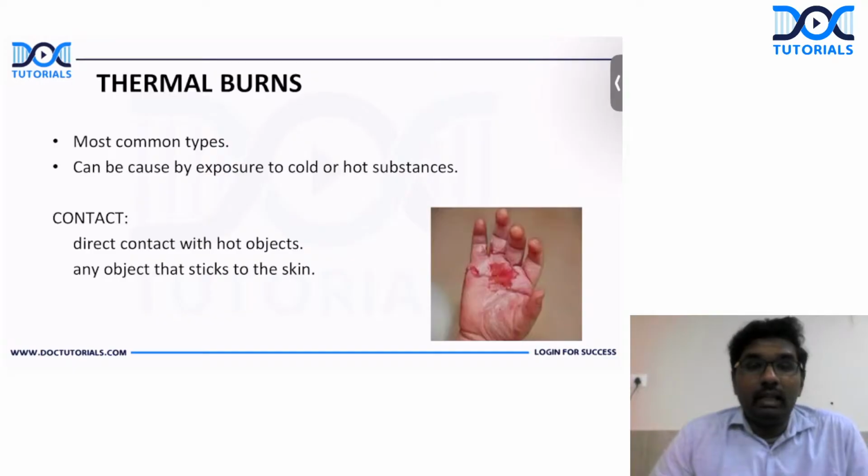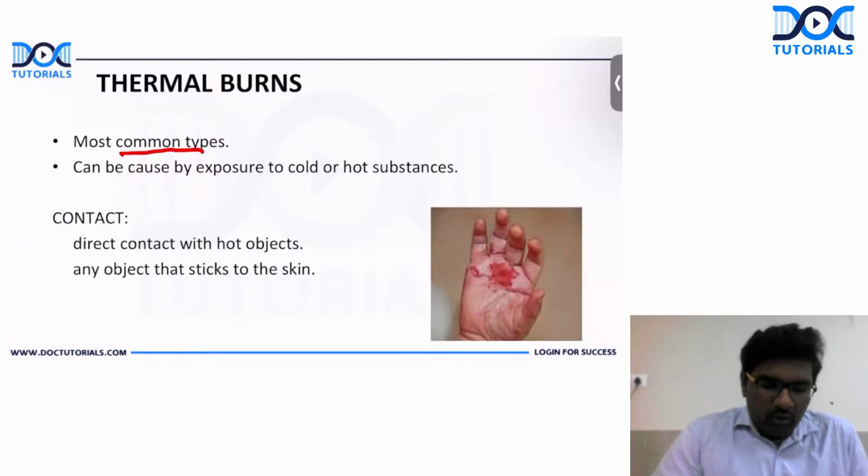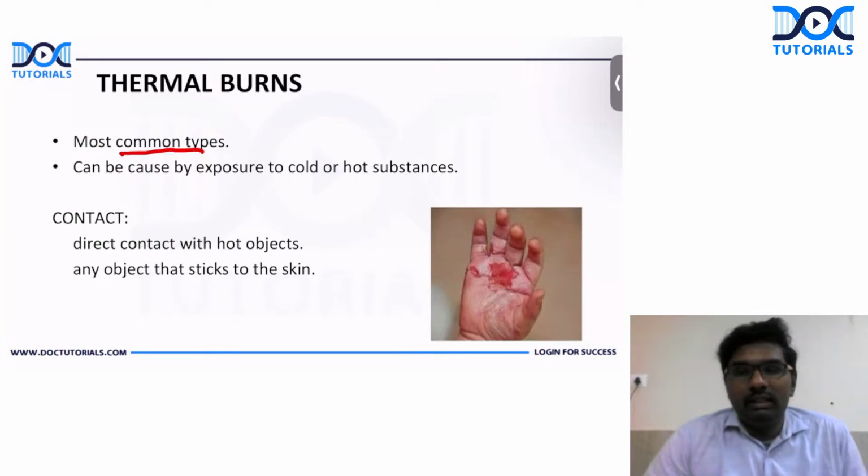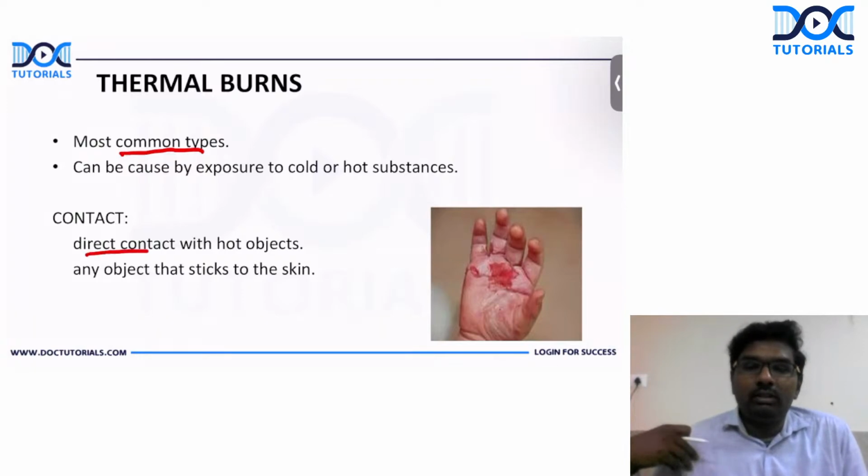First will be thermal burns, and this is the most common type. It can be caused by exposure to either a cold or a hot substance. For thermal burns to occur, there should be either direct contact with the hot object, or sometimes the hot object can even stick onto the skin, like if my shirt is burning, this will cause thermal burns.